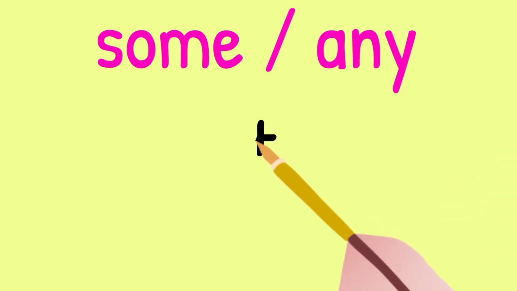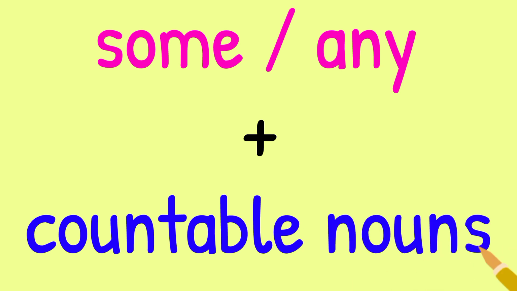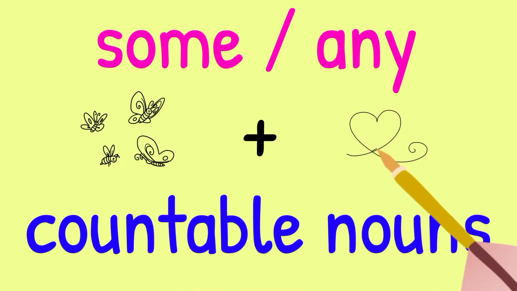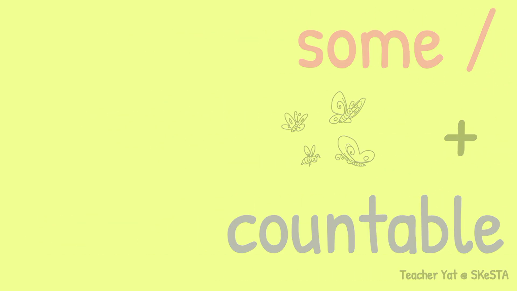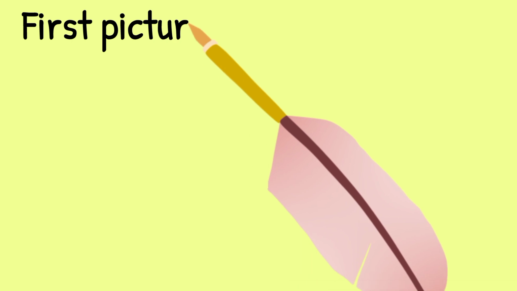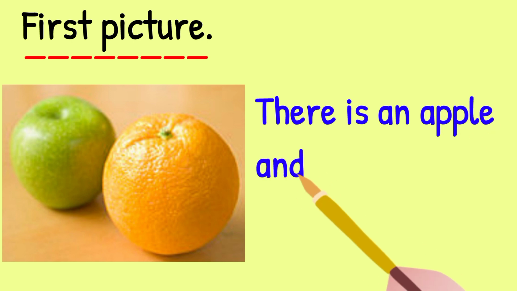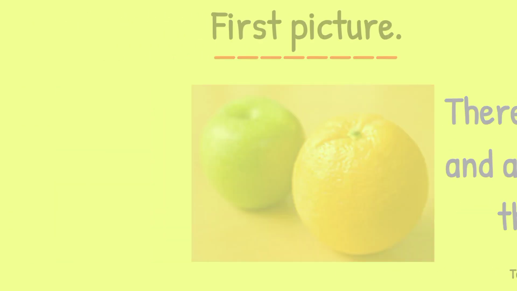Next, we look for some or any with countable nouns. Remember, countable nouns are things that we can count. Look at the first picture. We can say, there is an apple and an orange on the table.